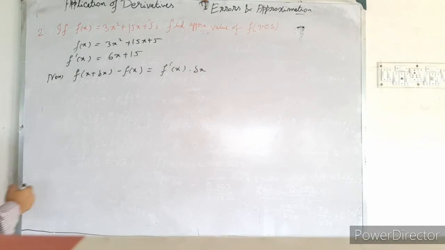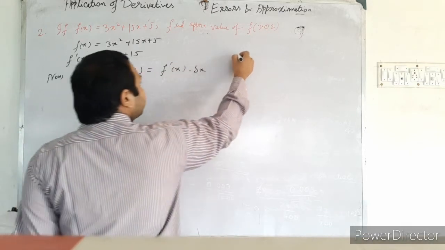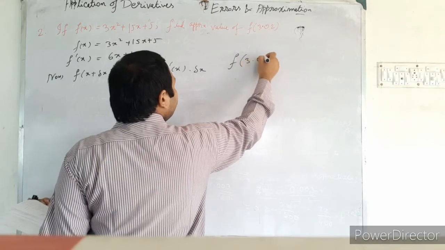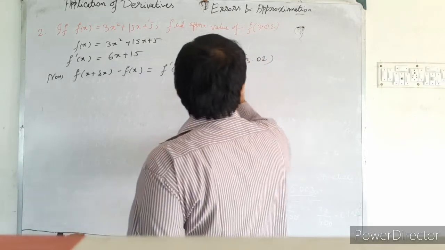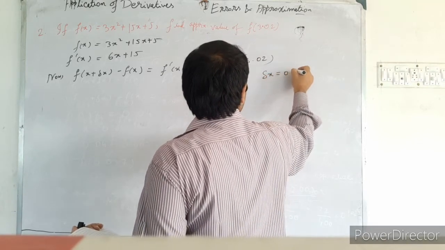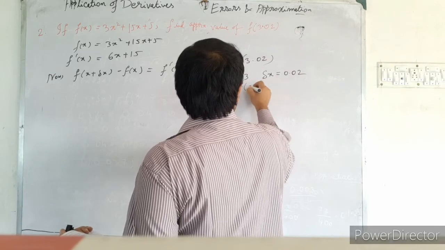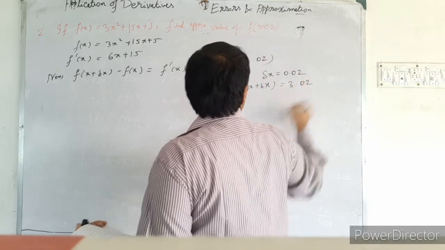So here f of x plus del x, first of all we will write like that, that is we need f of 3.02. So if we take x equals 3 and del x equals 0.02, then f of x plus del x will be 3.02.